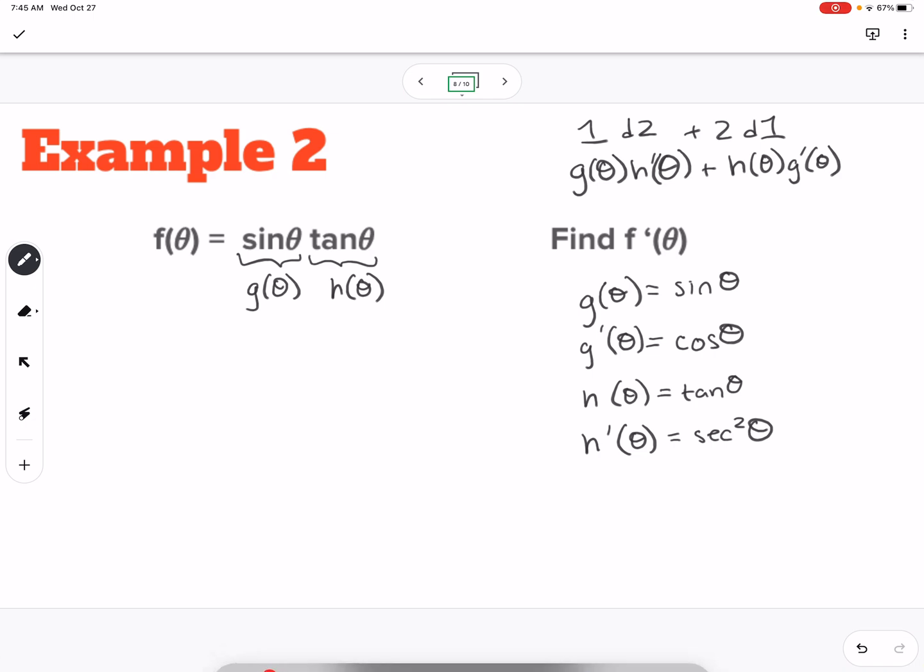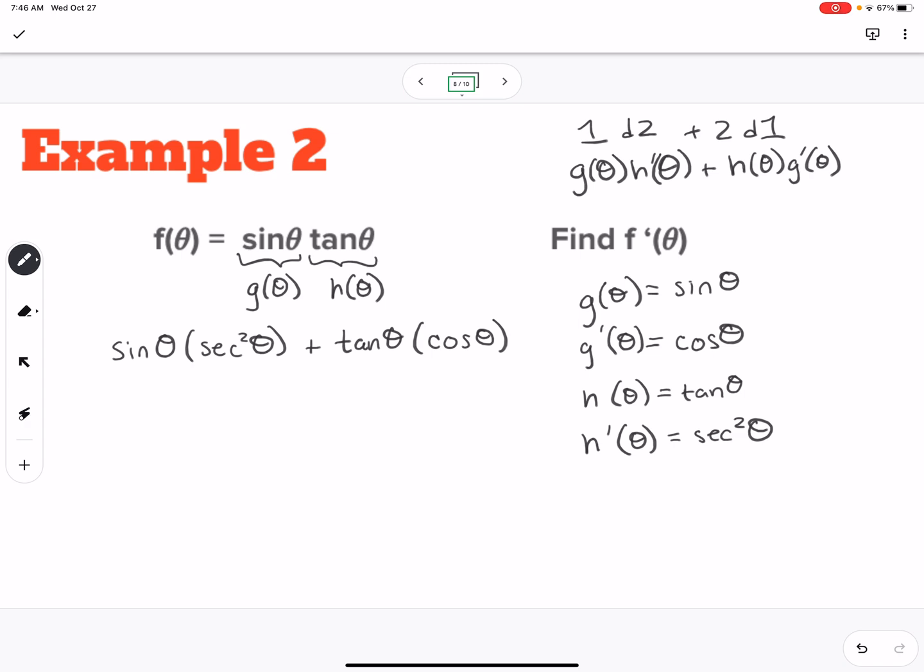So I have the first, which is g of theta this time, so sine of theta, times the derivative of the second, which we said was secant squared theta, plus the second times the derivative of the first, which we said is cosine. Now, if it doesn't ask you to simplify, we can stop here. However, more than likely, it will ask you to simplify this a little bit.